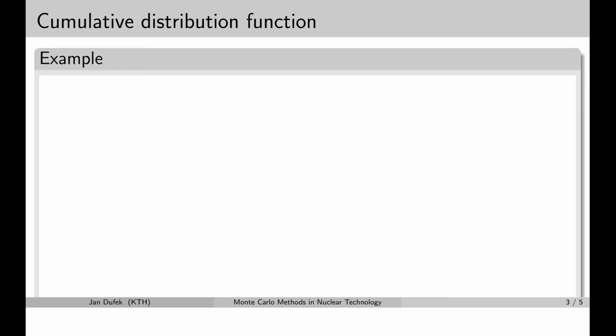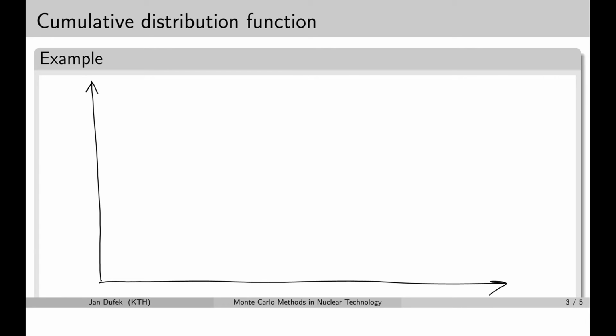Now let's have a look at the continuous random variables. Let's take the example of the distance between two collisions. The probability density function was the exponential function. So let me draw an exponential here. So we have a distance and the cumulative distribution function. Let's assign some value to the distance, for instance 1 and 2 centimeters.